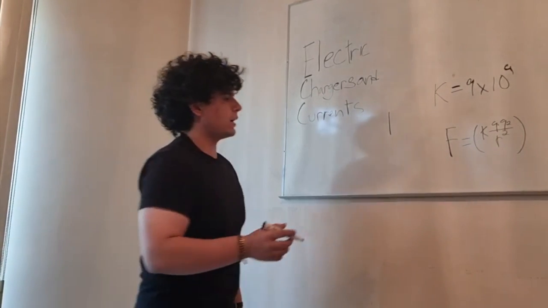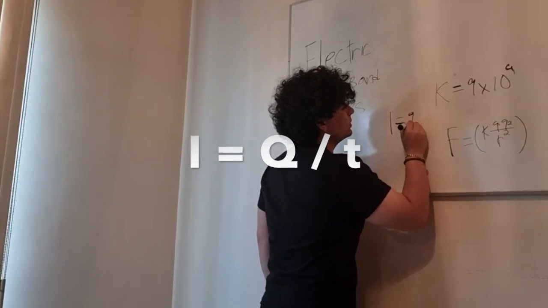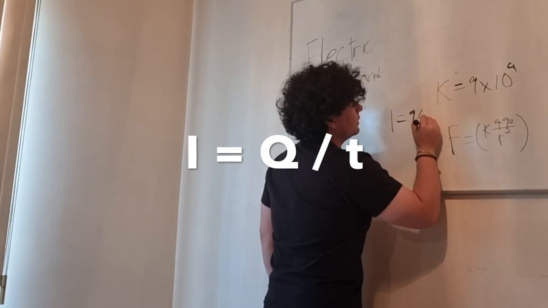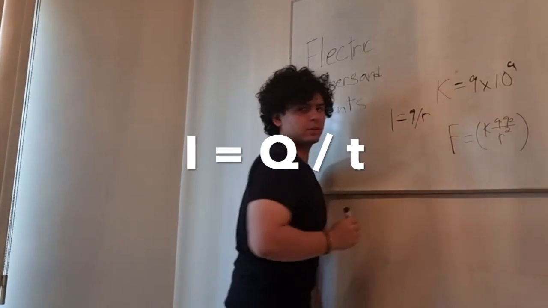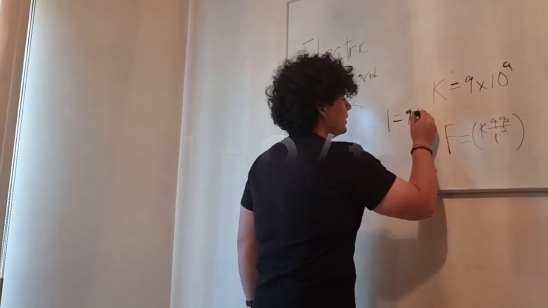And we have a very nice formula: I equals Q over T. Actually, it's a T, because R is in Spanish.